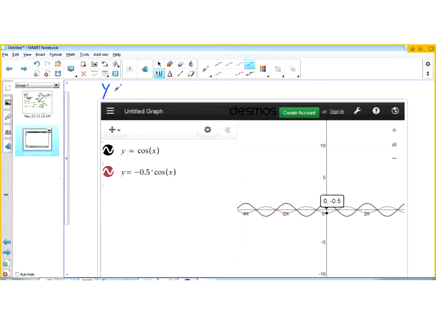If I have y is equal to a cosine x, like this, the amplitude is the absolute value of a. All right, so note that.